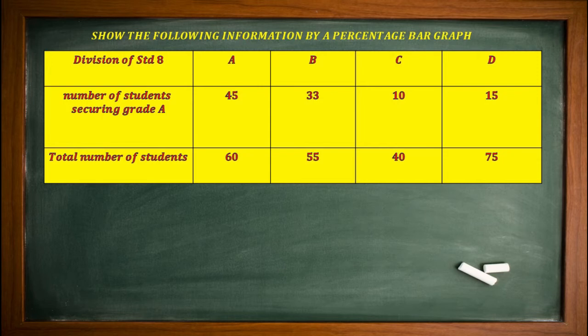In division A, out of 60 total students, 45 got grade A. In division B, 33 out of 55 students got grade A. In division C, 10 out of 40 students got grade A, and in division D, 15 out of 75 students got grade A.